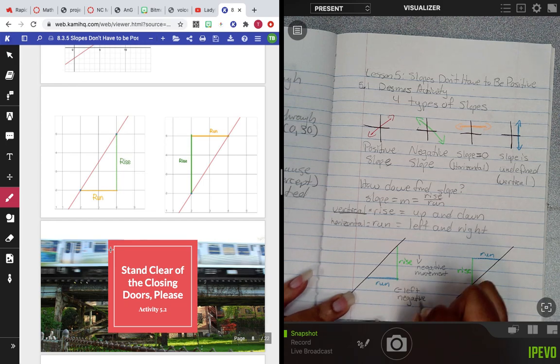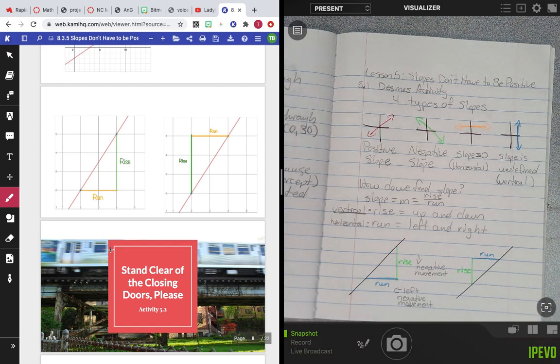Mainly because if you look at the coordinate plane, when you go down the y-axis, the further down you get, the closer you get to the negative numbers. And then moving to the left, that's dealing with your x-axis. If you move to the left of your x-axis, you're getting to the negative numbers. So that's why it's referred to as negative movement.